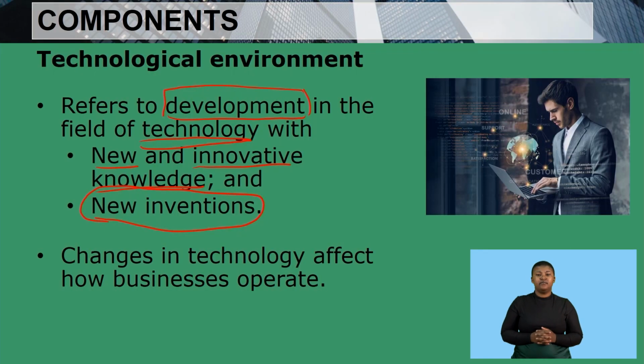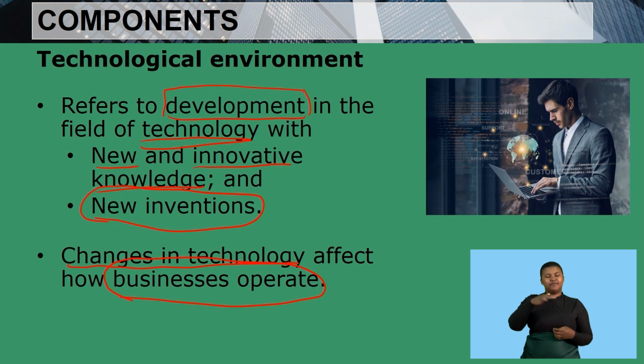So all the changes that we see in technology that can affect the operation of our business, we will then classify as a technological environmental factor. All right, so that is then our fourth component, our technological environment.